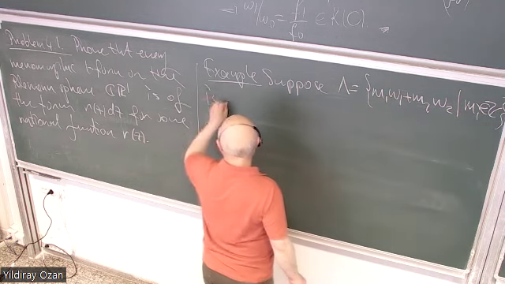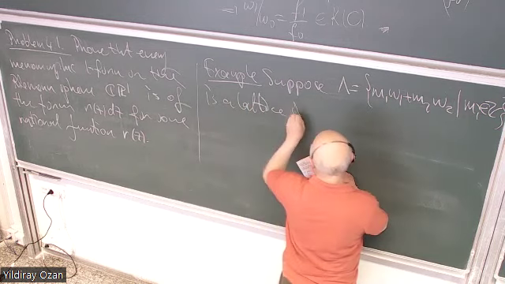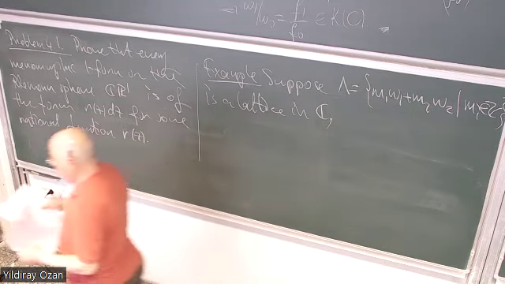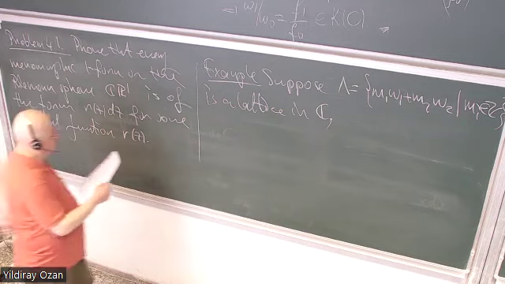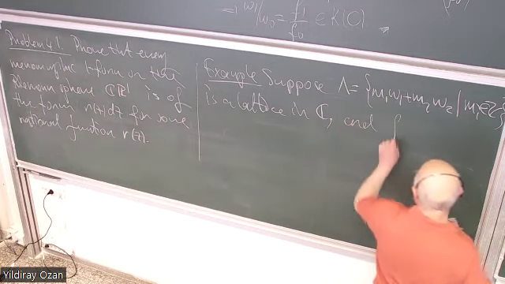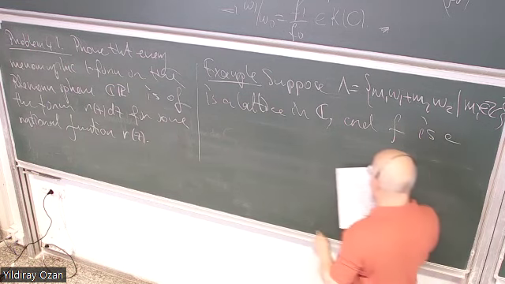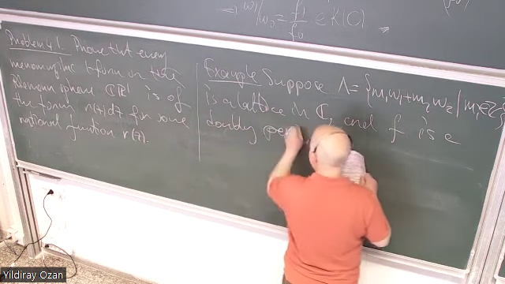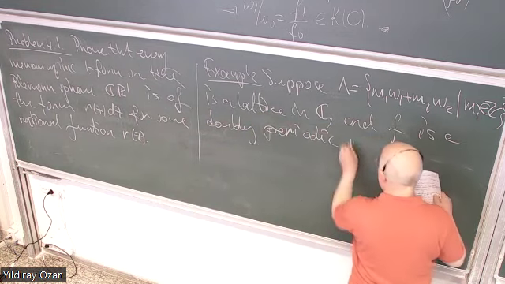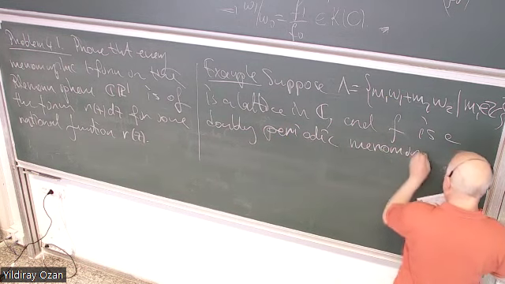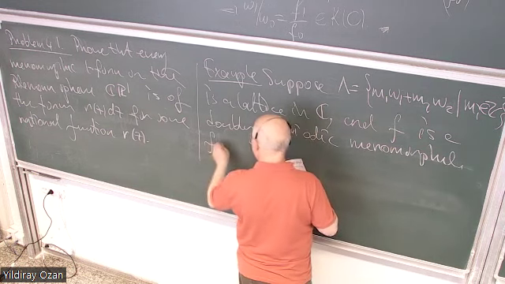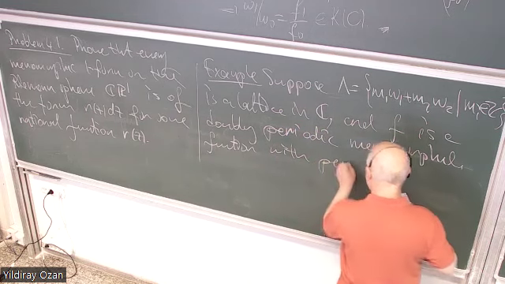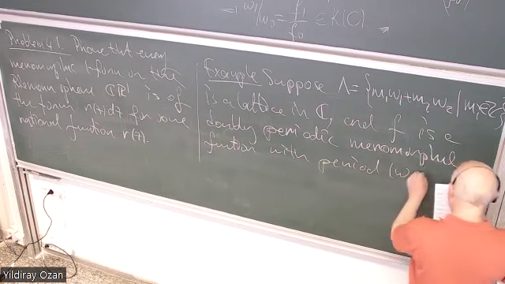Lambda is a lattice in C, and F is a doubly periodic meromorphic function with periods w1, w2.